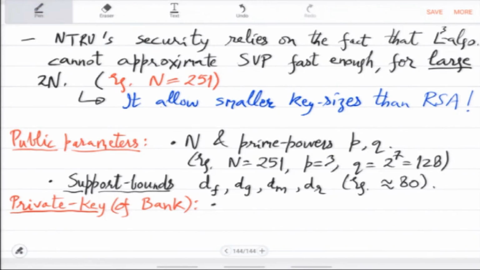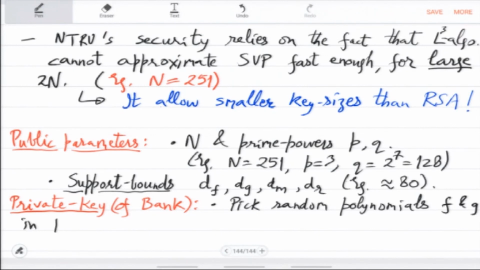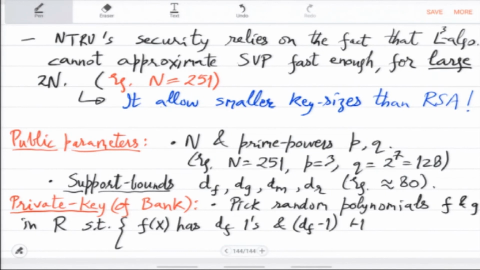So this is: pick random polynomials f and g in R such that f has exactly df ones and one less minus ones.